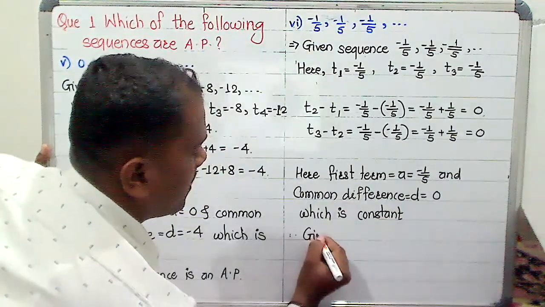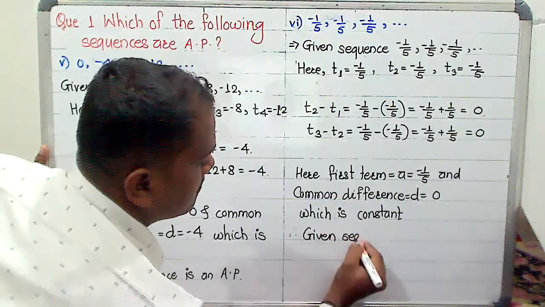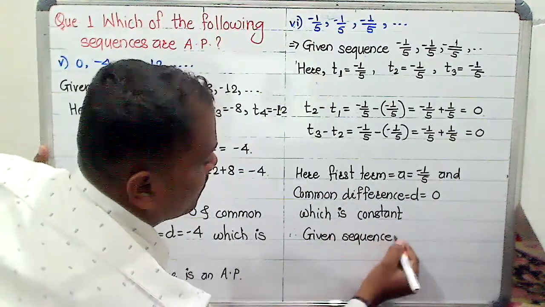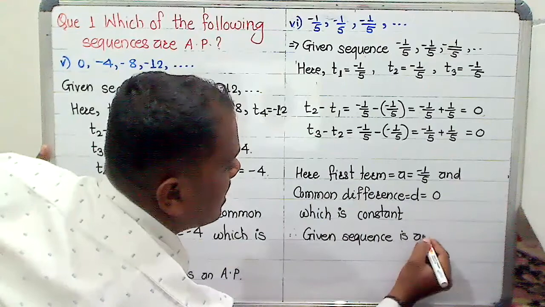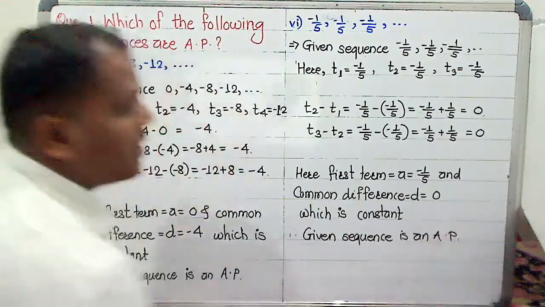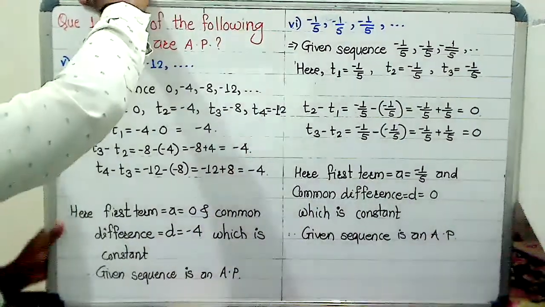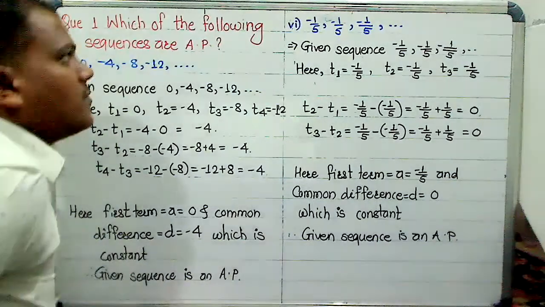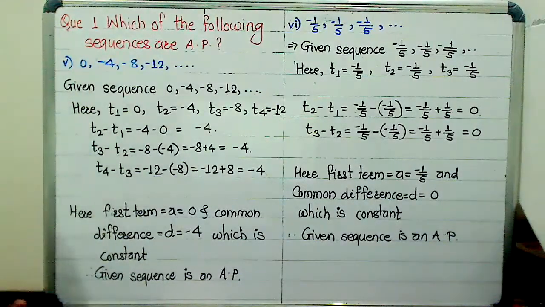Therefore, the given sequence is an AP. So these are the first 6 examples. Now we'll see another 2 examples.